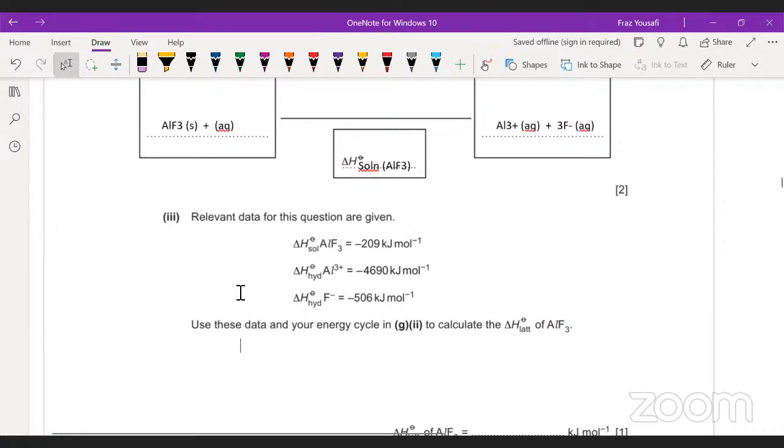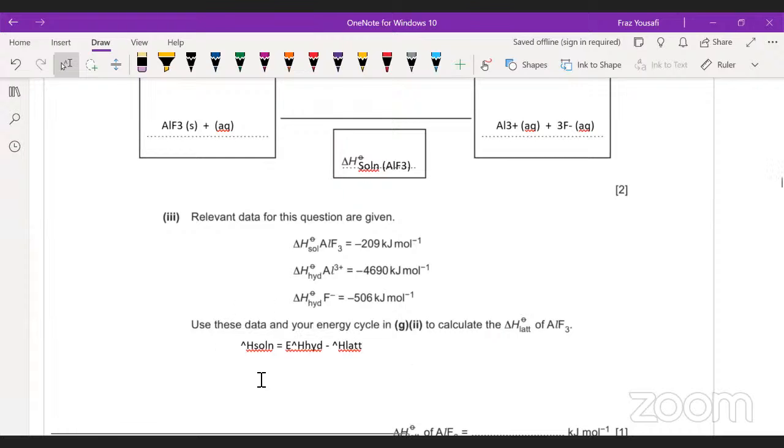That's what we want you to start with first. Enthalpy change solution is equal to, again, the summation of enthalpy change hydrations minus the enthalpy change lattice energy.